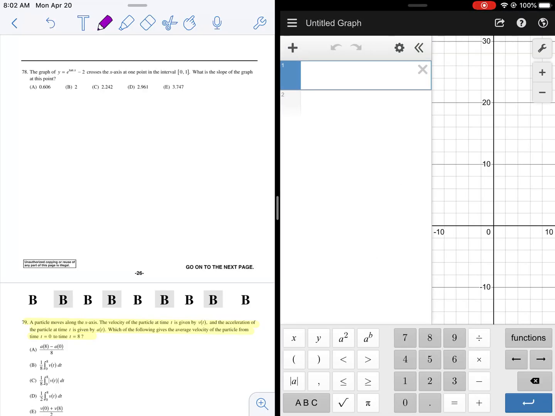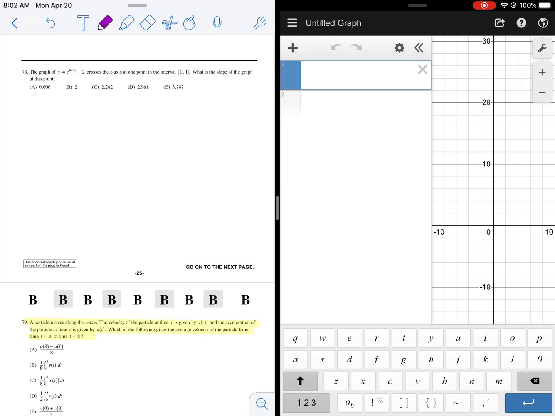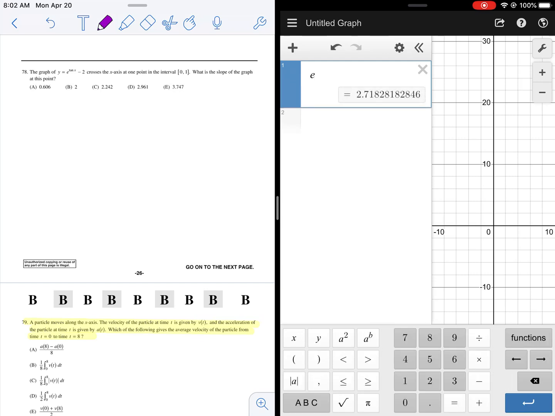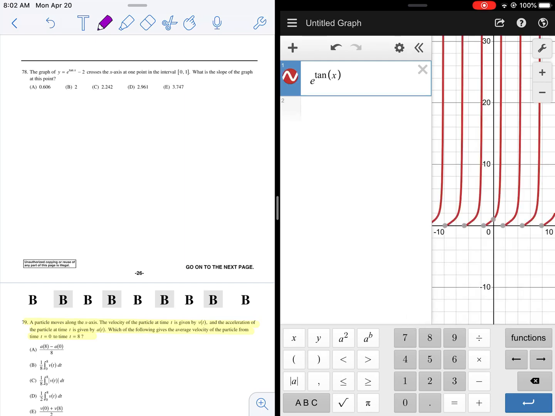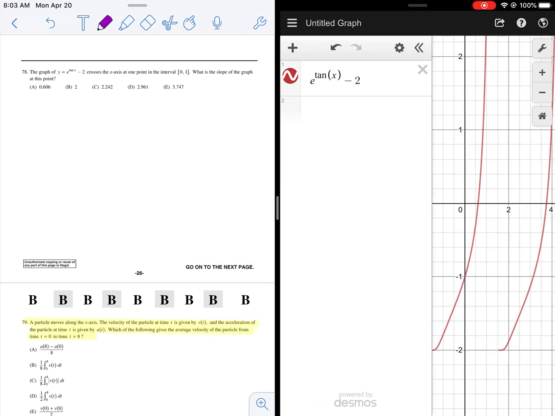All right, so we have e to the tangent x minus 2. We're looking just between 0 and 1, so I can zoom in here. So we're looking at this value right here.